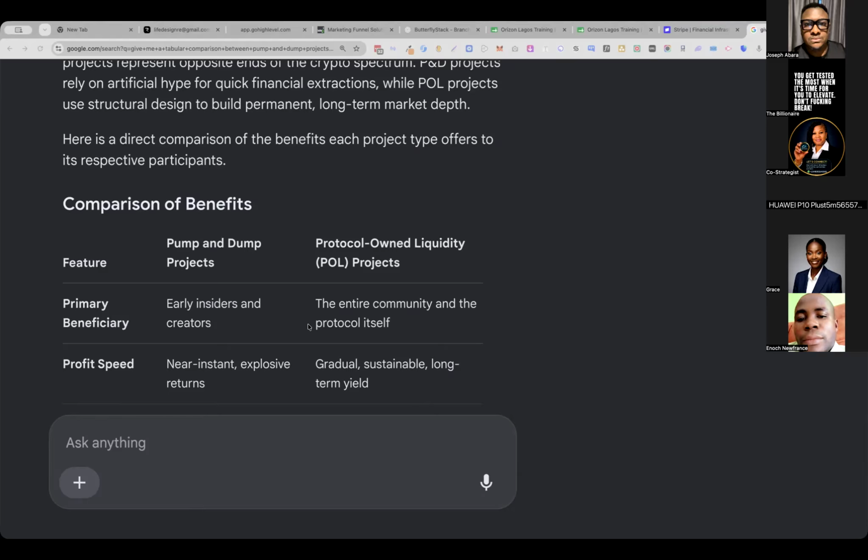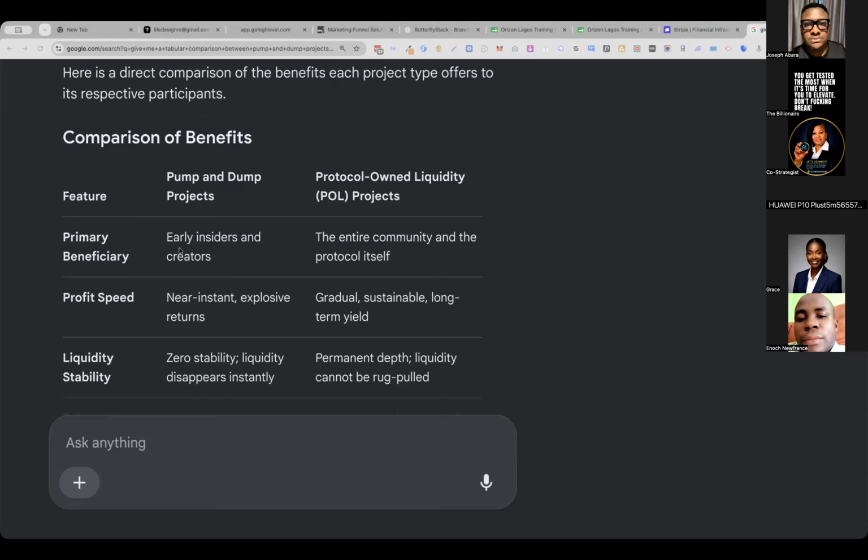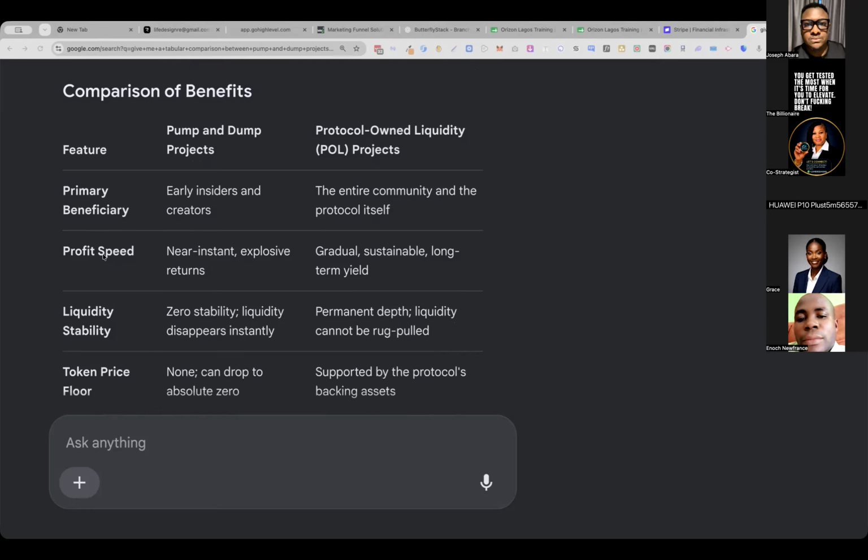So look at the difference. Who is the primary beneficiary of a pump and dump project? Early insiders and creators. Who is the primary beneficiary of a protocol-owned liquidity project? The entire community. How quickly can you make money on a pump and dump project? Near instant, explosive returns. You can make 100,000x on a pump and dump project, but it comes with real risk.